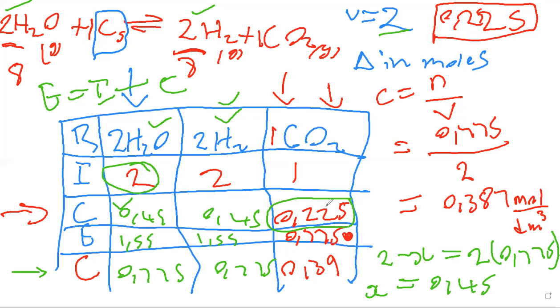Multiply this value by 2. For you to get 2 and 2 from 1, you need to multiply by 2. That's how we got these two values.